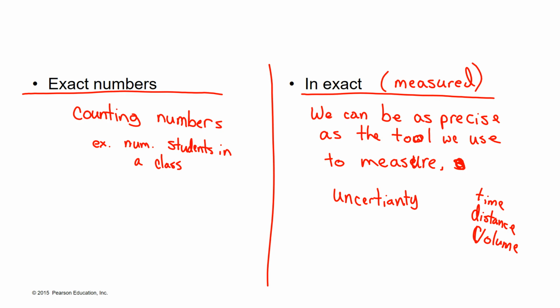The other thing that goes as an exact number is conversion factors. So one conversion factor that we're going to use in this class pretty early on is like the comparison between inches and centimeters.